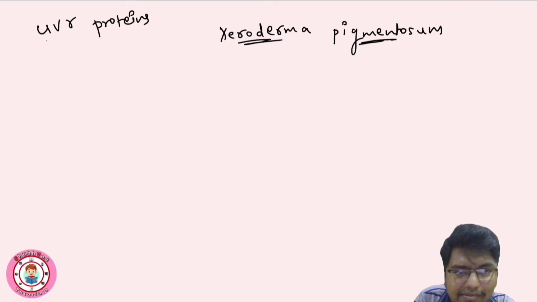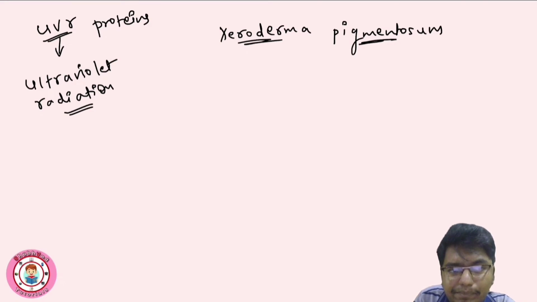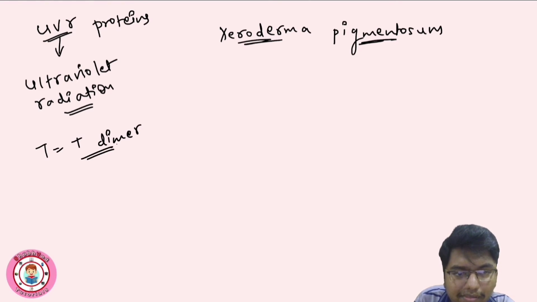UVR stands for ultraviolet radiation. Damage that is caused by ultraviolet radiation is repaired by these proteins. We can see a thymine dimer is repaired by these UVR proteins. This dimer repair is in prokaryotes, as well as eukaryotes.